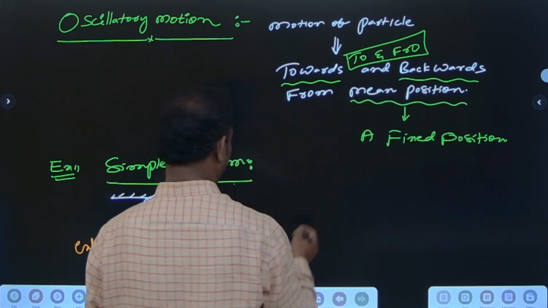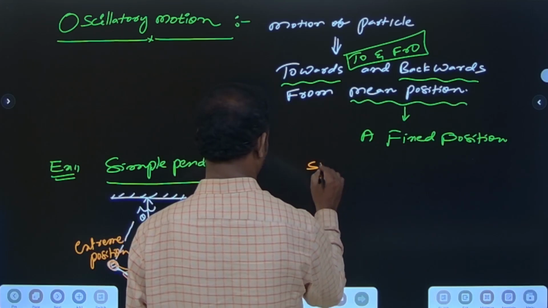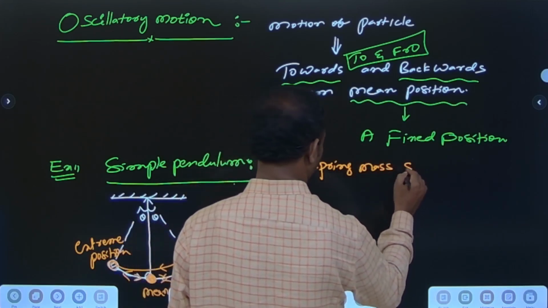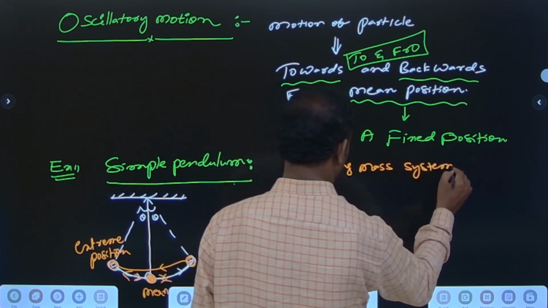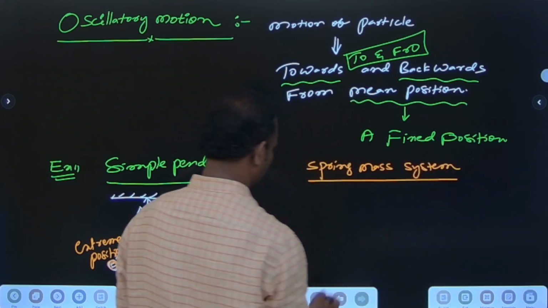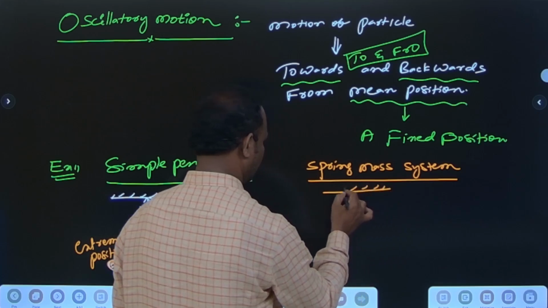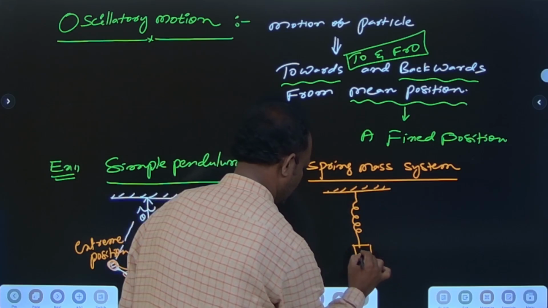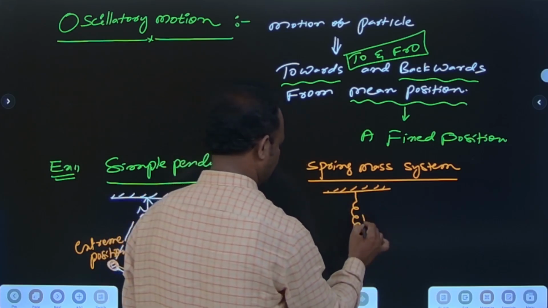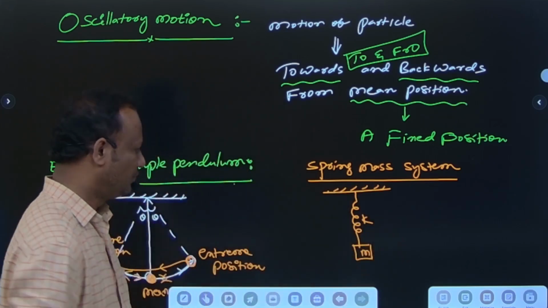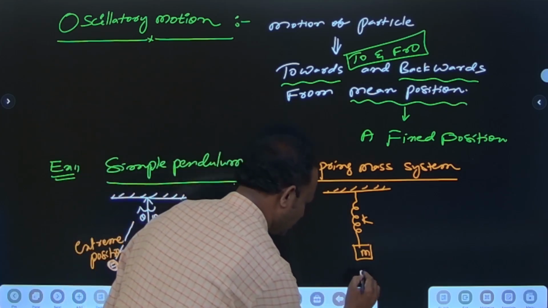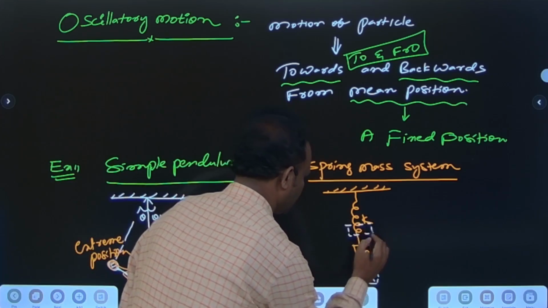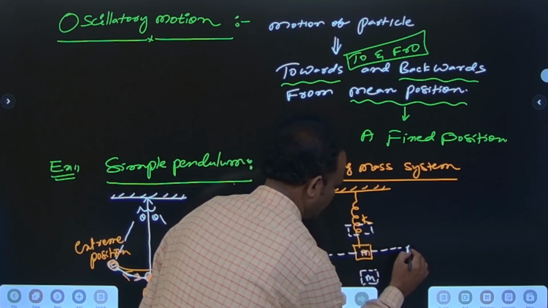One more example is the spring-mass system. Here a spring is taken from a fixed position, with mass m and spring constant k. When you pull it down to this position, it oscillates about the mean position.